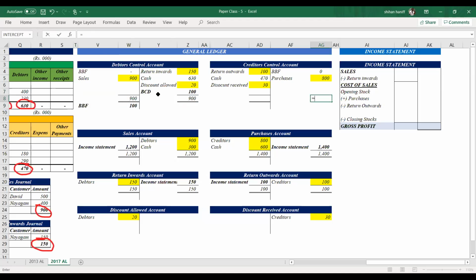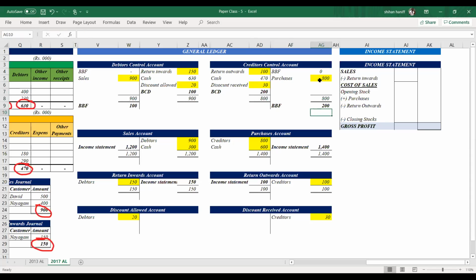Creditor balance is 800. Then balance can be down. 800 minus 600, so it is 200.